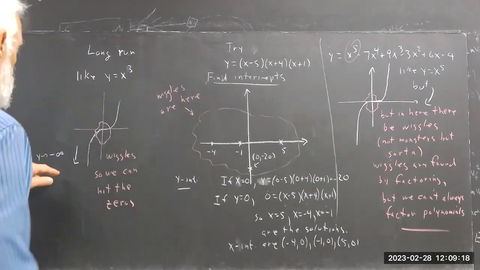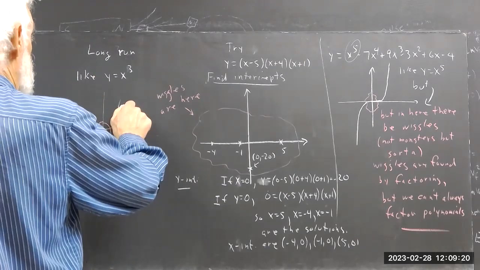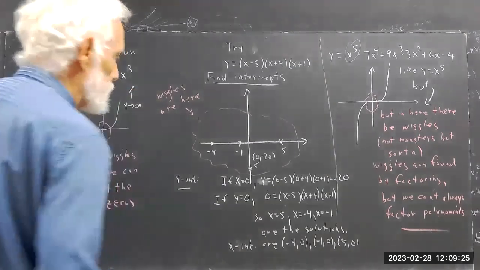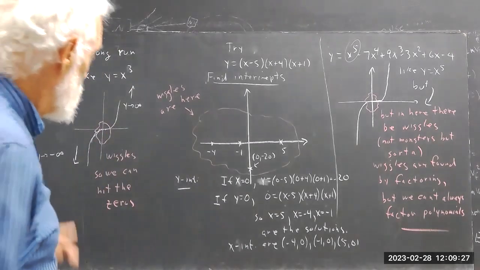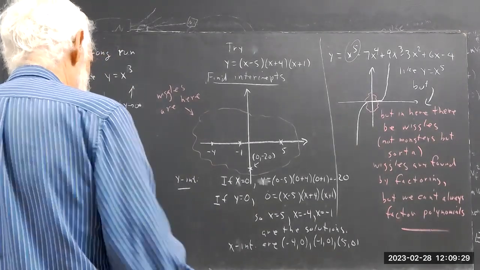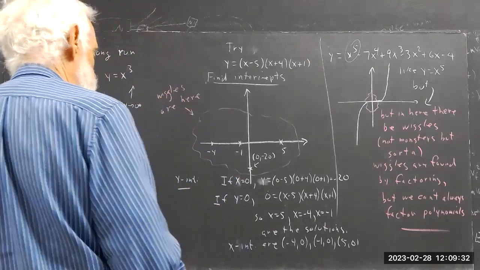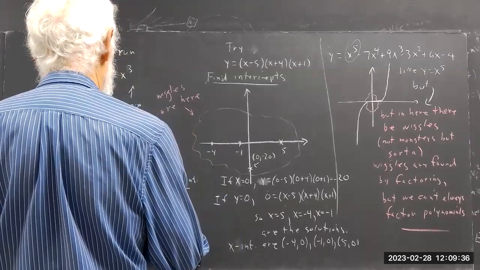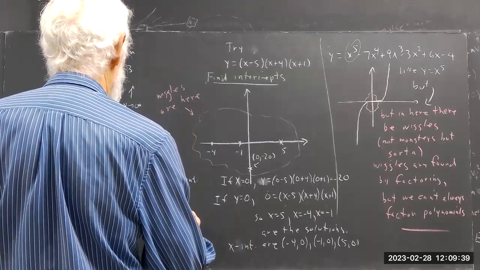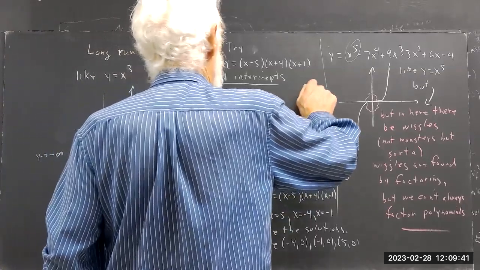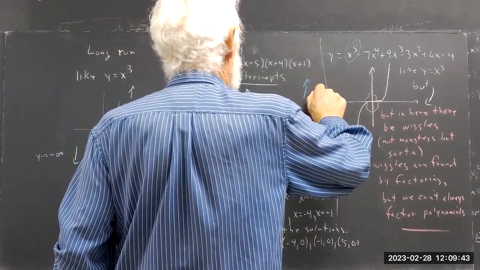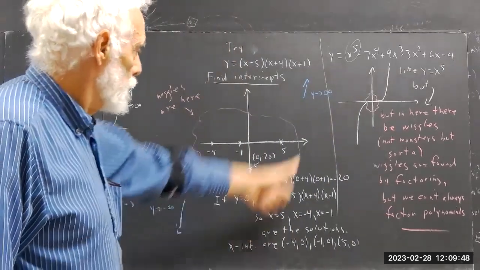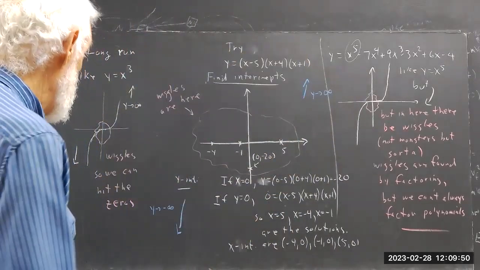For the cubing function, y goes to negative infinity on this side. Y goes to infinity on this side. Which means that the graph, if I do it in blue, has to go like this, and like this. Negative infinity here, positive infinity there.